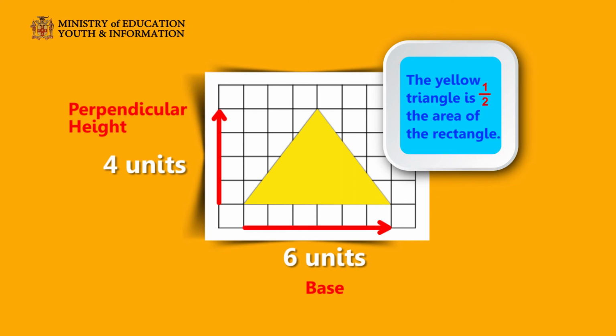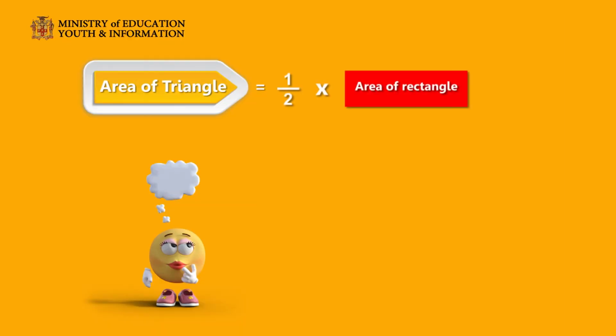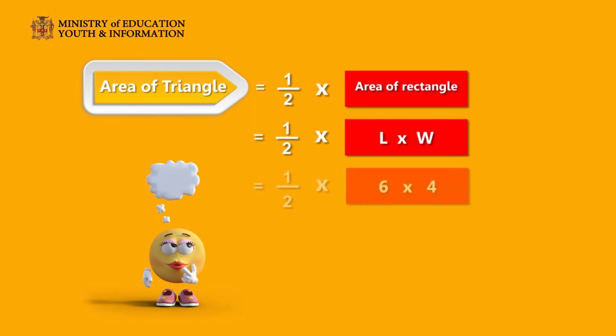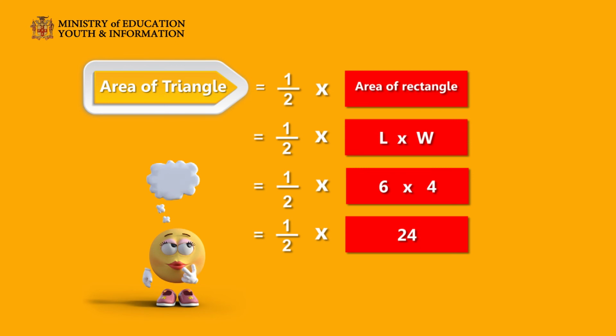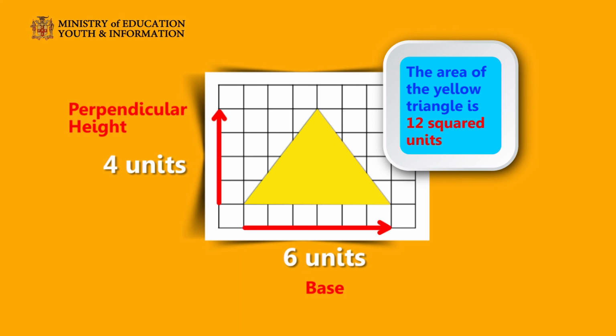So, the yellow triangle is half the area of the rectangle. So, the area of the yellow triangle is 12 squared units.